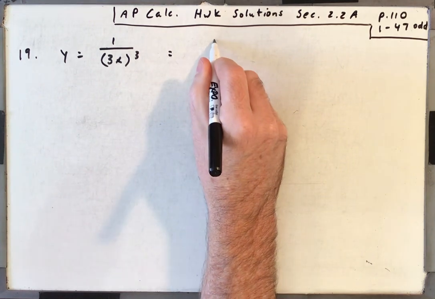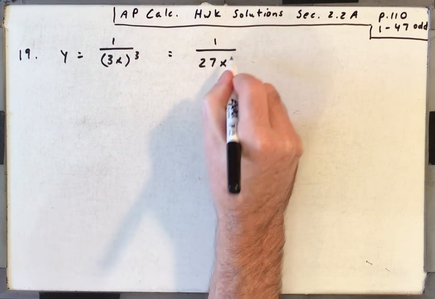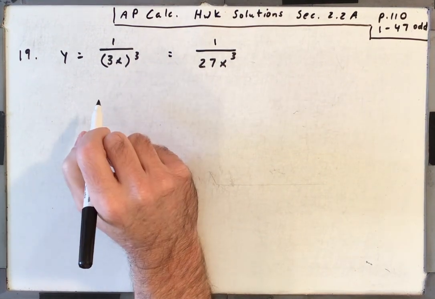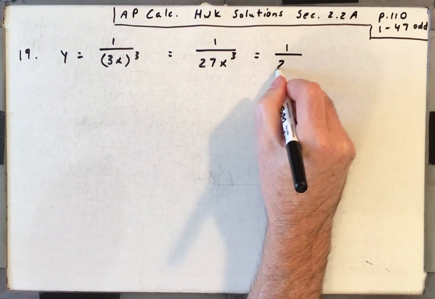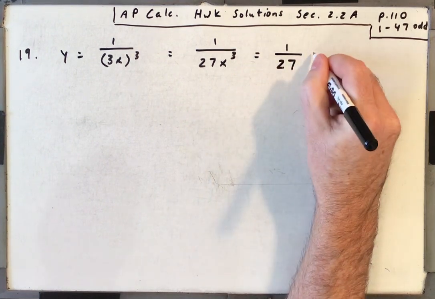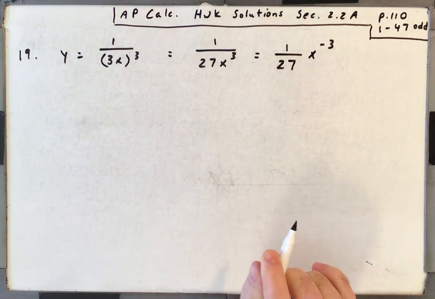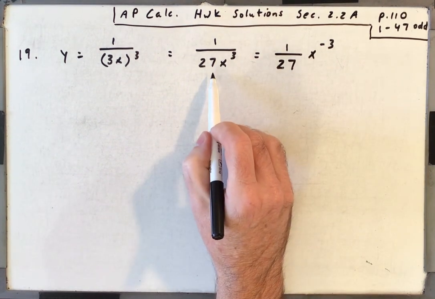So this is the same as 1 over 27x cubed, if I go ahead and expand that. Now I can rewrite that as 1 over 27 times x to the minus 3. All right, that's a little bit easier way to think about that.